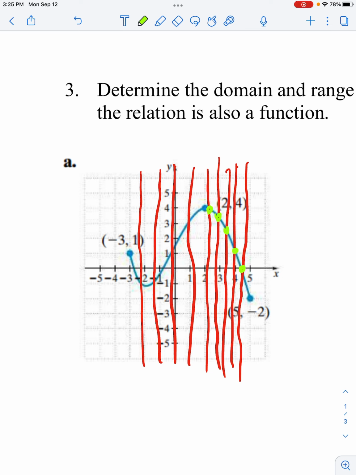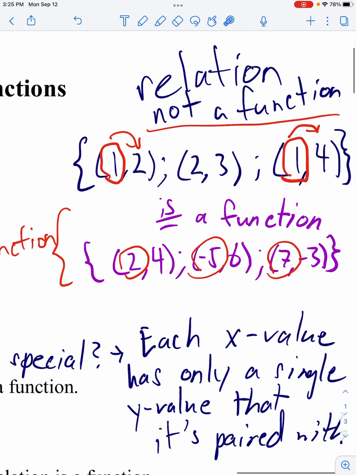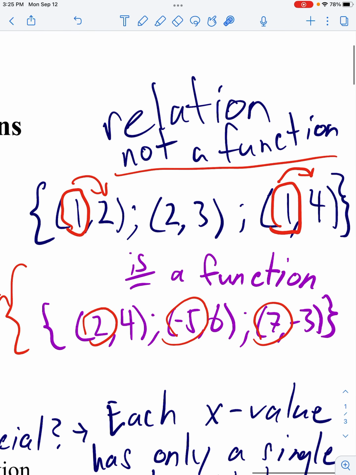That means that each x value on my x-axis has only one y that it's paired with. It only shows up one time in my relation. Up here, my relation that wasn't a function, my 1 got paired up with 2 different y values, okay?